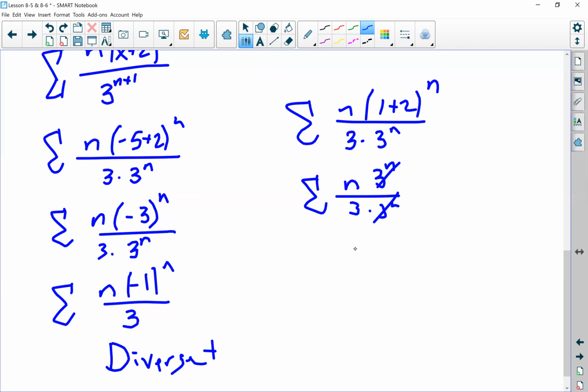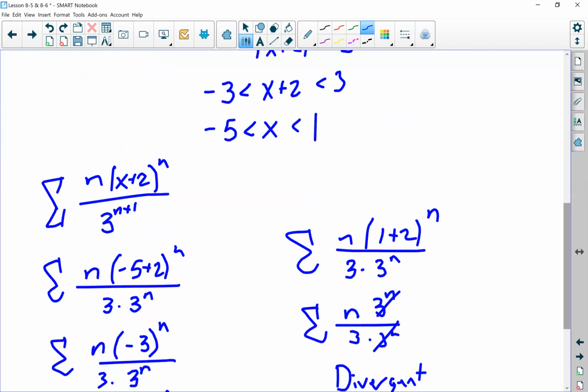That's divergent. So there is our interval of convergence. We don't include either endpoint.